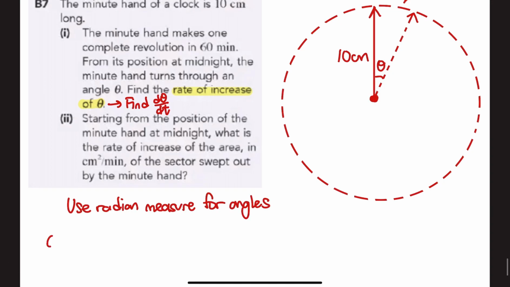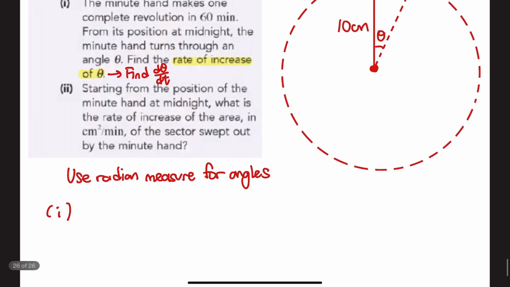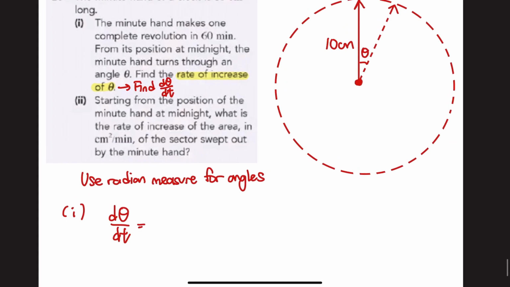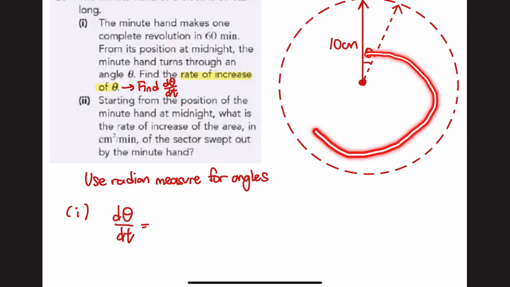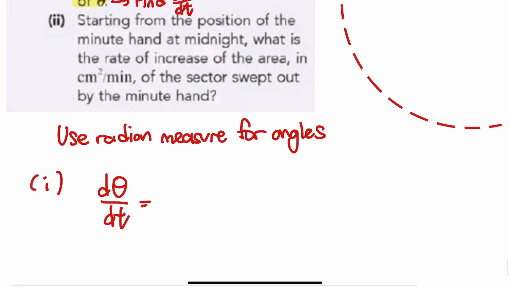Okay, part 1. I know that this minute hand turns one whole round in 60 minutes, which means the angle it makes in one whole round is one full circle, 360 degrees, and that's equal to 2 pi radians.